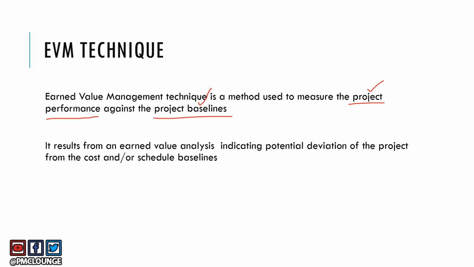So the result is from an earned value analysis, and to perform this earned value analysis is where you use all the formulas, indicating potential deviation in case there is any deviation of the project from the cost and schedule baseline. So whatever is the deviation of your project performance against the baselines is basically calculated through earned value analysis.